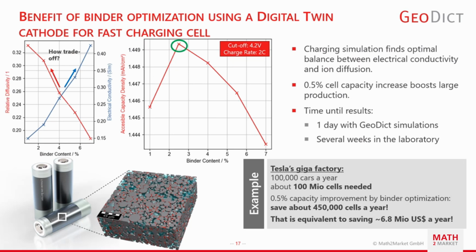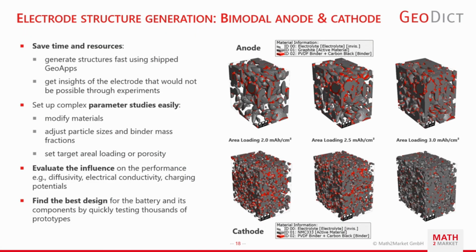And when a single cell has 0.5% more capacity because the microstructure is improved, then they can save around 450,000 cells a year, and this means you have almost 7 million less dollars you spend. So there's a big potential in this because the scale effect is quite large when you go to a production level.